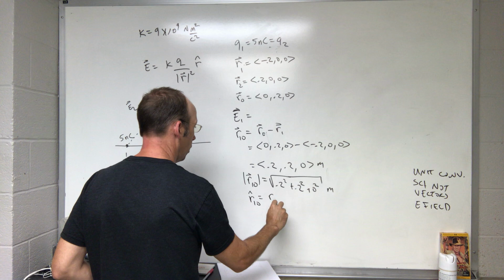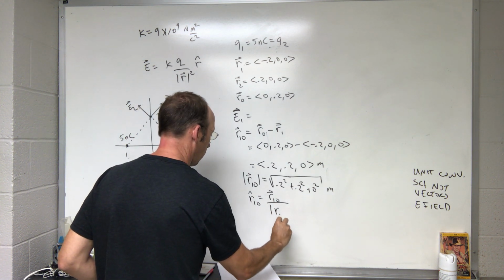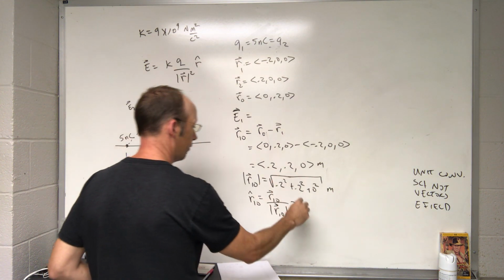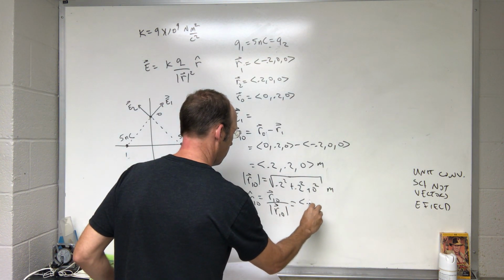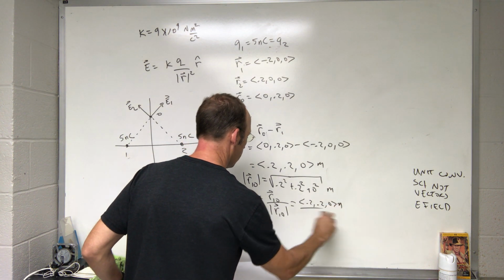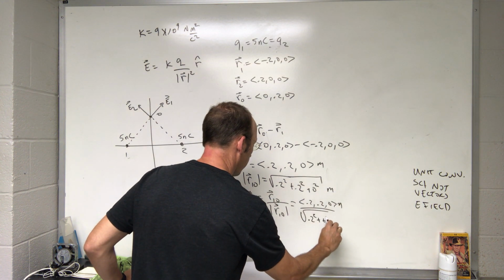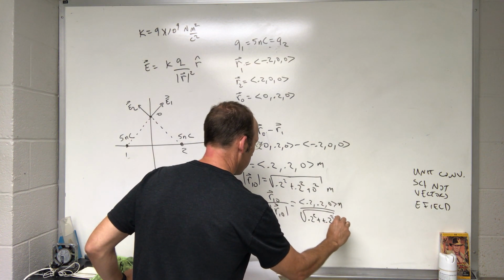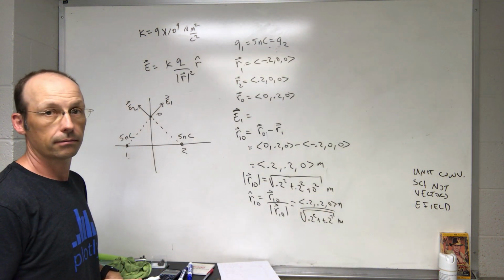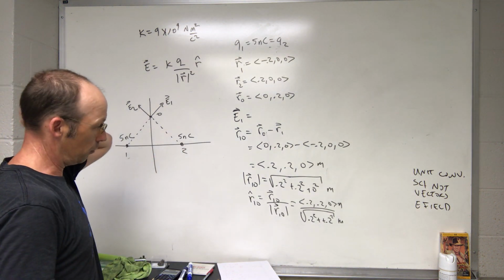It's going to be R10 divided by the magnitude of R10. So it'd be this vector, (0.2, 0.2, 0) meters, divided by the square root of 0.2 squared plus 0.2 squared, square rooted, in meters. You see I get a unitless vector, a unit vector without units, which is what I want.